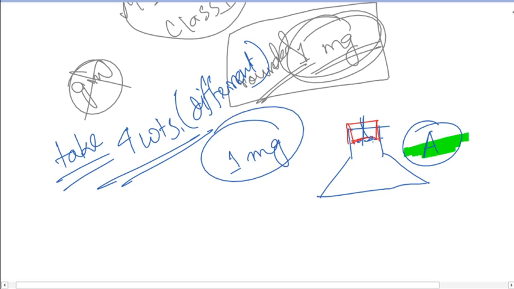Then we allow the picnometer to remain in the water bath, as we said earlier.